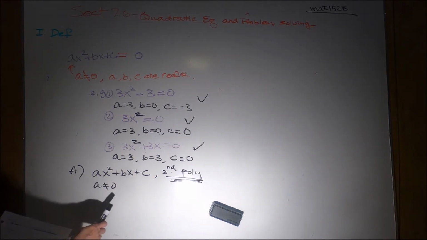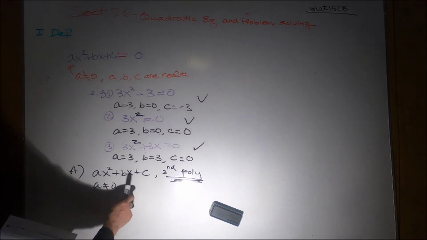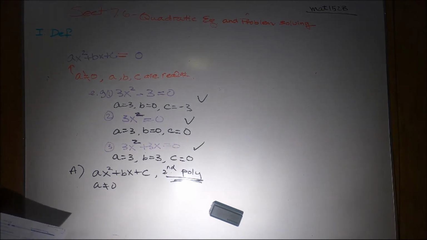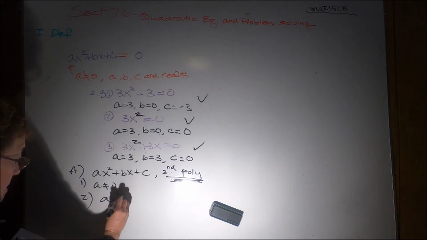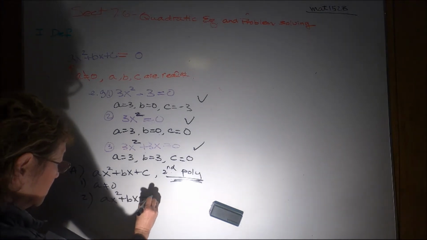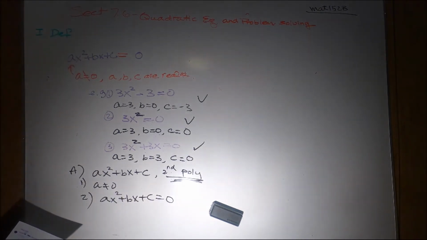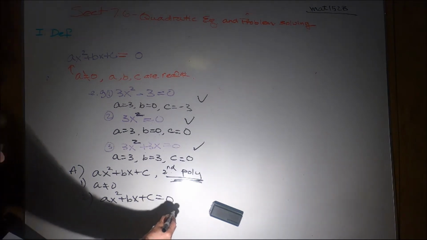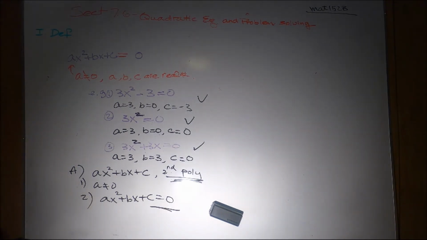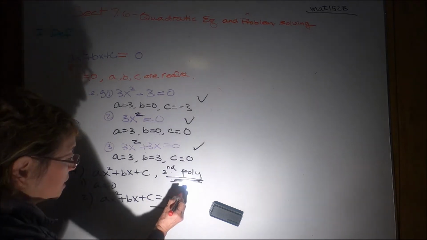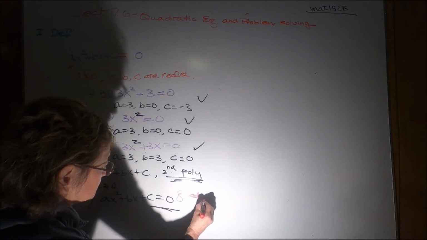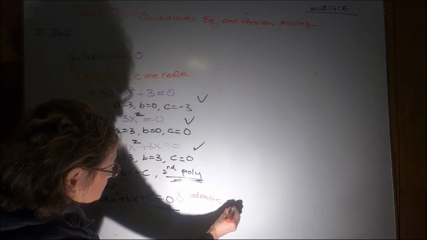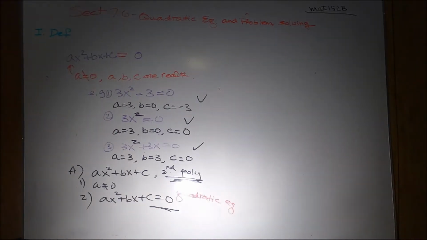And if we make this equal to 0 and it becomes an equation, then we call this one what? A quadratic equation. That's what we are talking about.